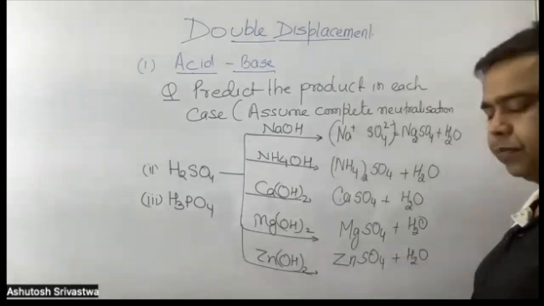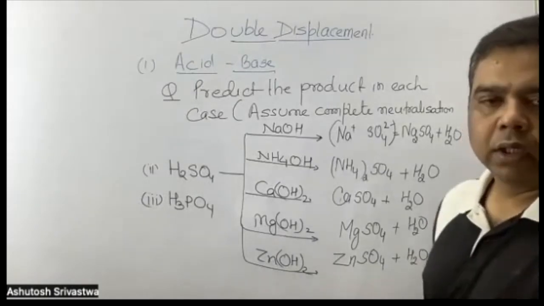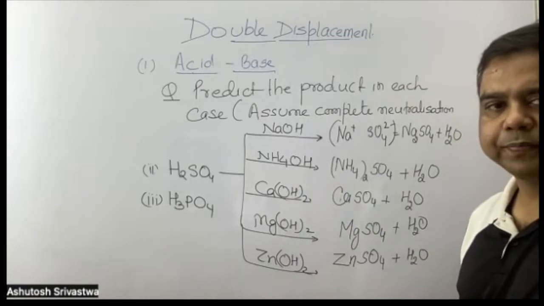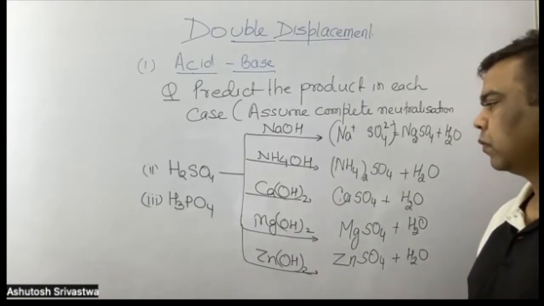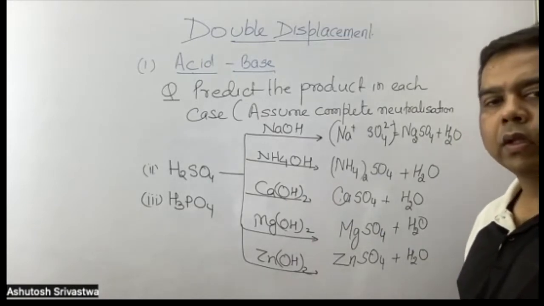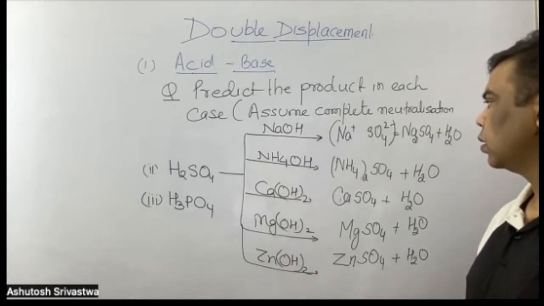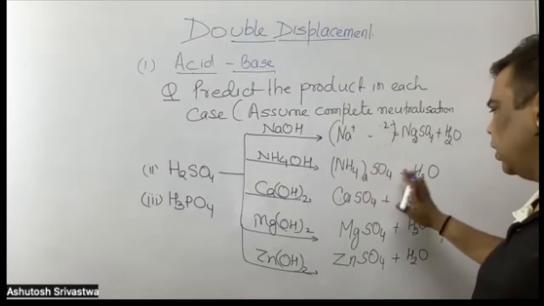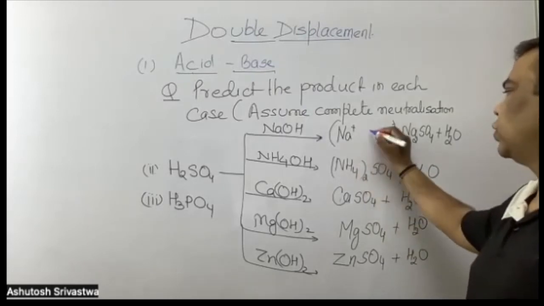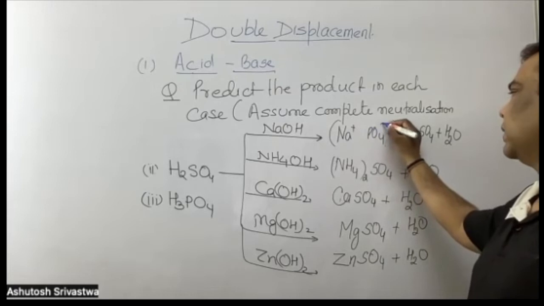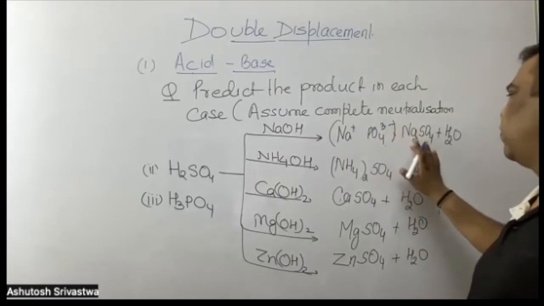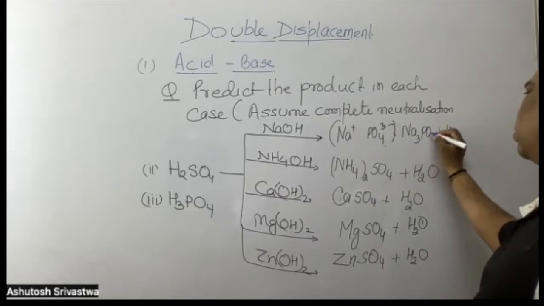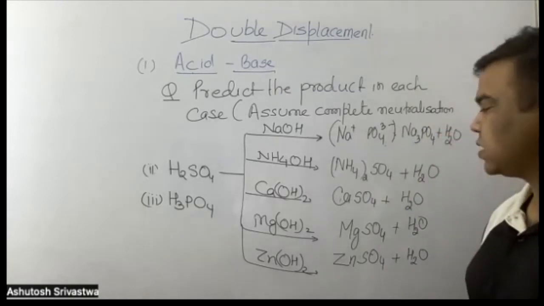Very easy. Now think about phosphoric acid. By the way, if it reacts with NaOH, the product will be Na3PO4 plus H2O, because we should write PO4 3 minus. This is sodium phosphate.